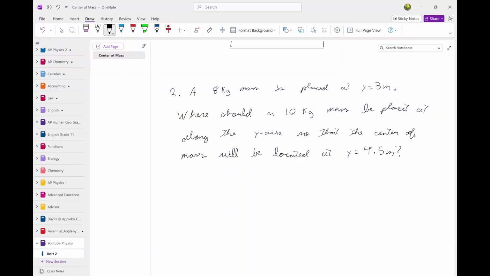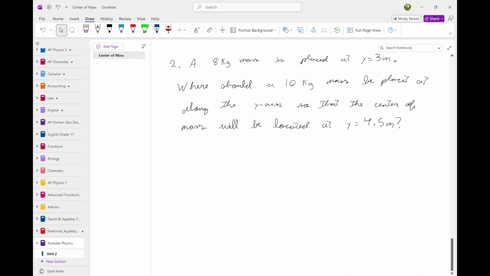Okay, so this one's not too crazy. It's just algebra, but we can just state what we know. First, we will draw it out. We can draw it lower here because we're just dealing with the y-axis. So we have an 8 kilogram mass at y equals 3 meters.